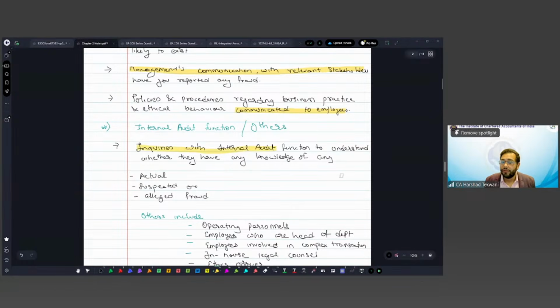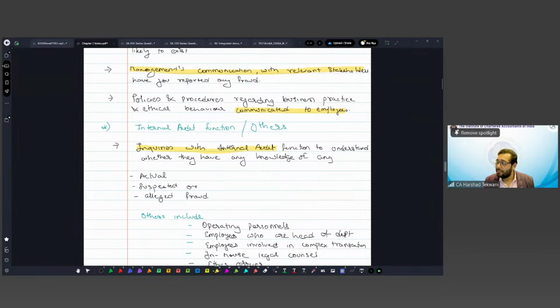You ask, internal audit function, what do you think about the fraud? It may be actual, if they have identified it. It could be suspected fraud, meaning they have not actually identified it, but they think there could be a chance of having a fraud. So it could be suspected, or it could be alleged.